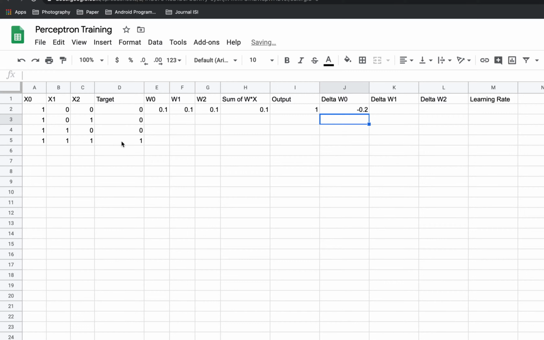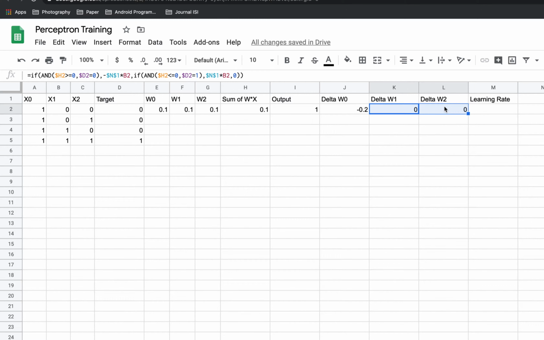Okay, so it is the same as the one that we just calculated by hand, right? And we can find this: because x1 and x2 are 0, you cannot adjust w1 and w2 because you have to multiply eta with x. So x is 0, and the delta of w1 and w2 will be 0.